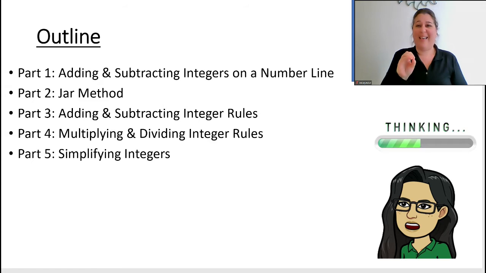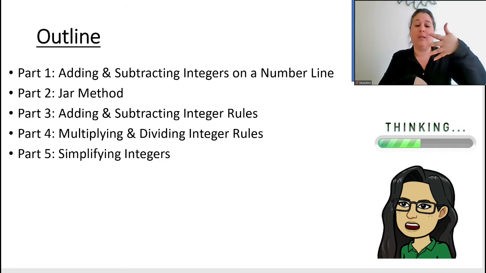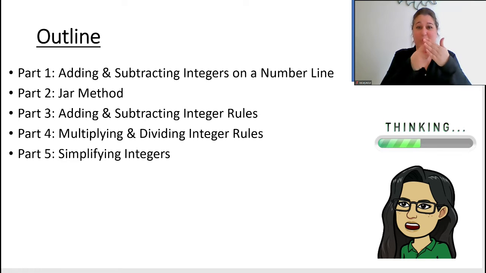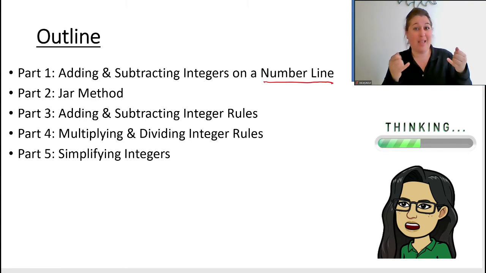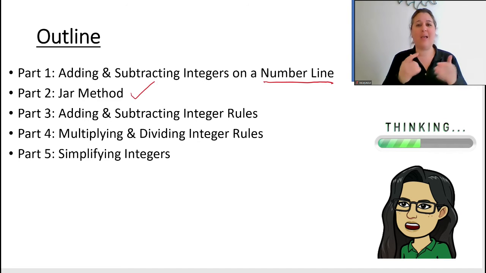This slide shows the outline of the whole lesson on integers from beginning to end. We'll start off with using the number line to add and subtract integers so that you get an understanding of how it works and where it comes from. Then we will talk about a method called the jar method, which is very productive for when you're first starting to understand how to add and subtract integers.